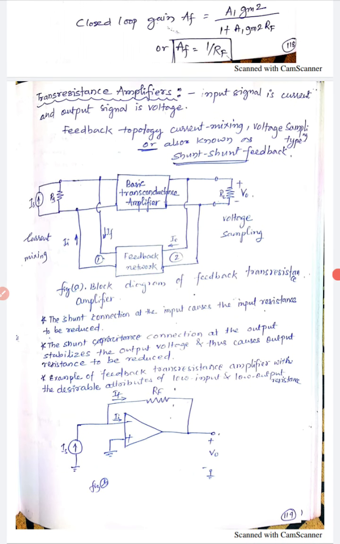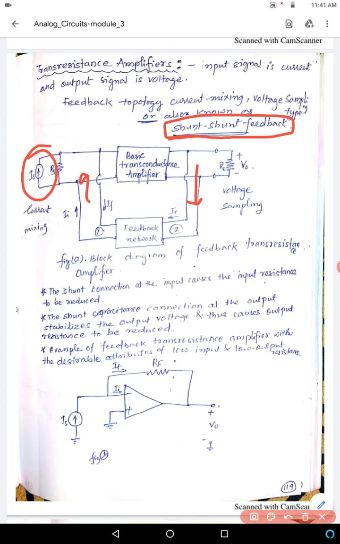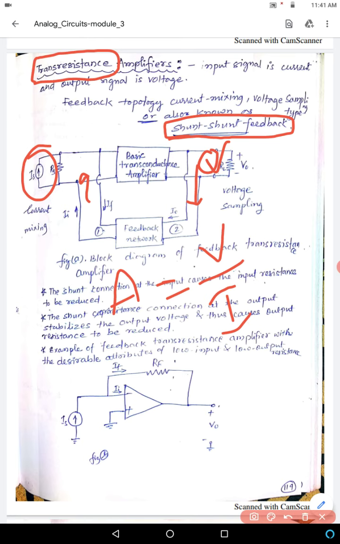Okay, again next we'll discuss the third one, the trans resistance amplifier. All those are the same types. Here if you look at this diagram, for trans resistance, we are taking the output as a parallel connection and the input is provided in parallel, that's why it's called shunt feedback. Okay, and here the input is a current source and we are taking the output as voltage. If you want to write the gain, output is voltage and input is current, that's why it is called a trans resistance amplifier.